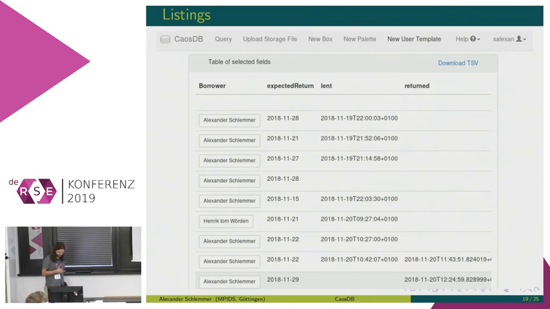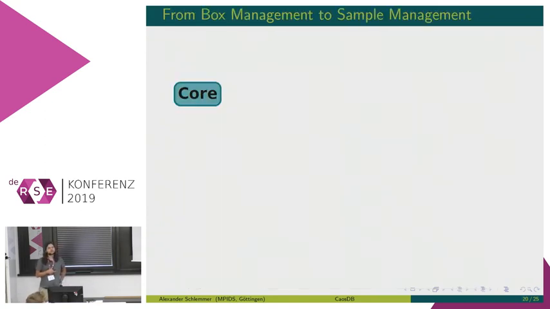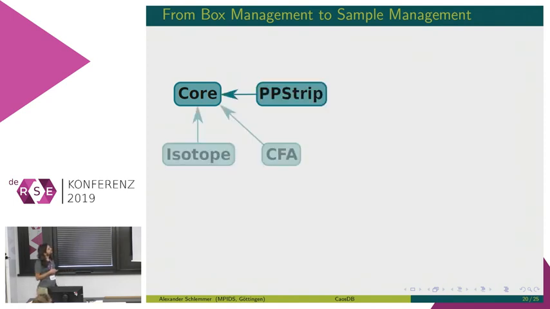Okay, for the final part, I want to show that it's actually possible to go to sample management and also to do automatic data analysis from within the system itself. And therefore, we created a prototype. So behind each core, there is also a structure that builds on it.